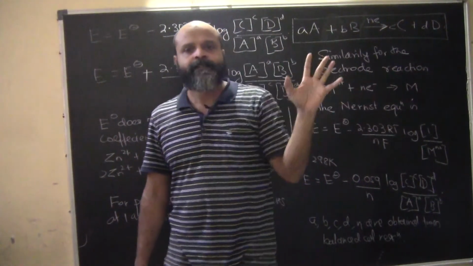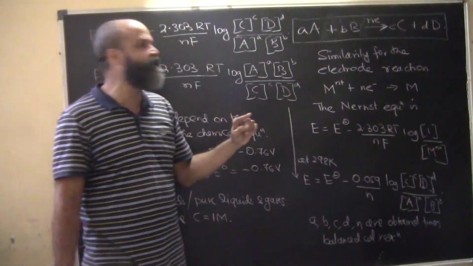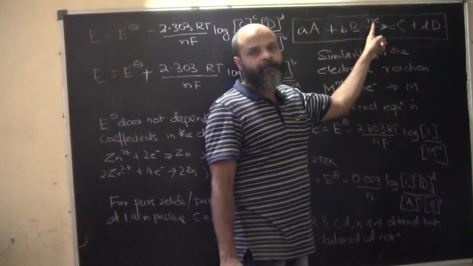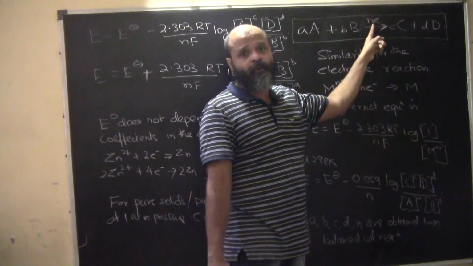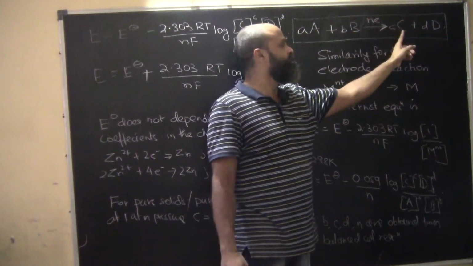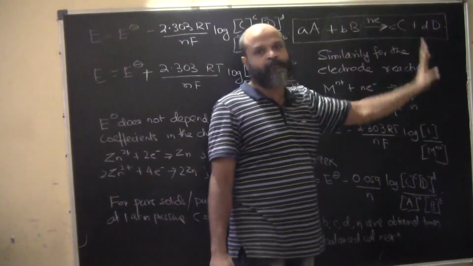Obviously, while balancing, the same number of n electrons will be accepted in the reduction process. So A moles of A and B moles of B undergoing transfer of n electrons form products C and D. C moles of product C is formed and D moles of product D is formed.